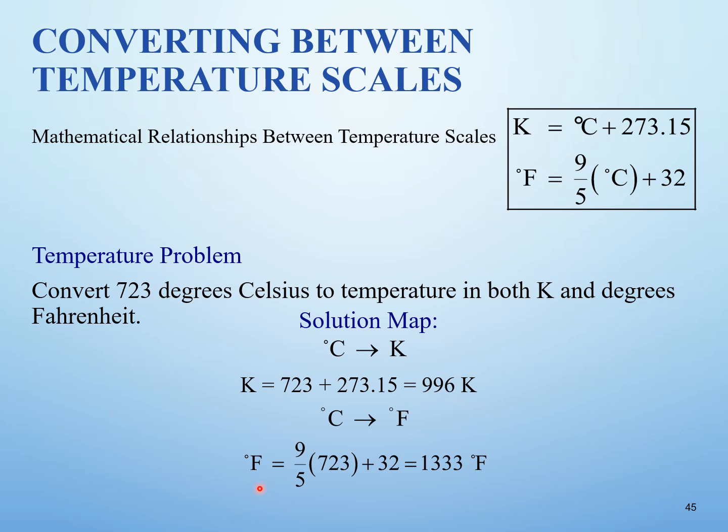For Fahrenheit, the same thing. We put 723 degrees Celsius where the C is. So Fahrenheit equals 9 over 5 times 723 plus 32. Do this one first, get a number, and then add 32, and you get 1333 Fahrenheit.